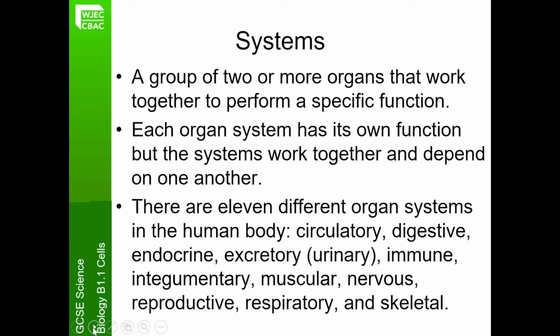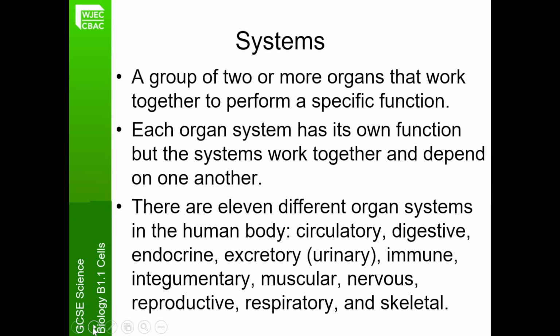Systems then are when a group of two or more organs that work together perform a specific function. So each organ system has its own particular function, but the systems will work together and depend on one another. There are 11 different organ systems in the human body. Our circulatory system involves the heart, the digestive system involves the stomach, endocrine involves the hormones from the glands, excretory, which is sometimes called the urinary system because it deals with the liquid waste in terms of the urine.